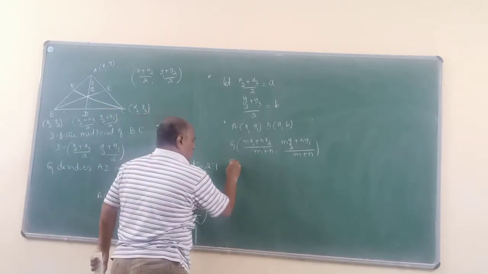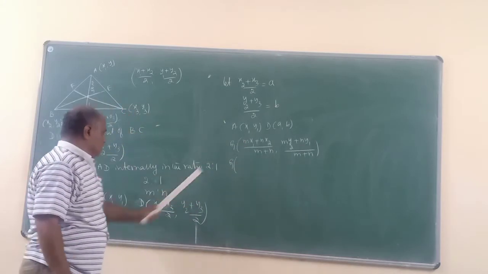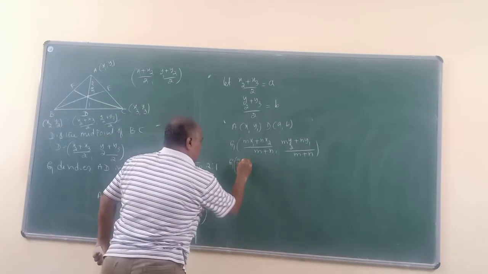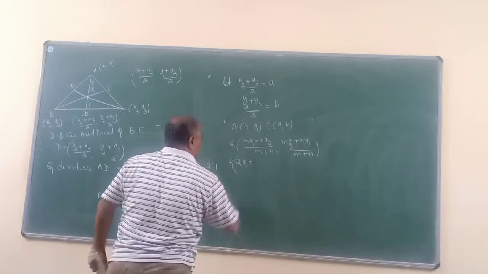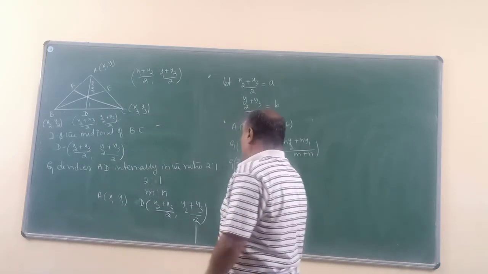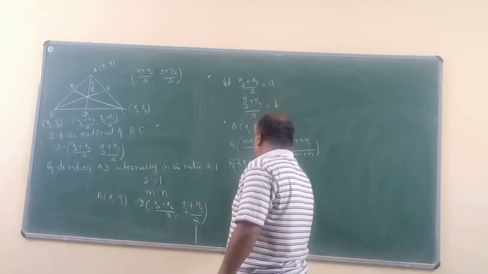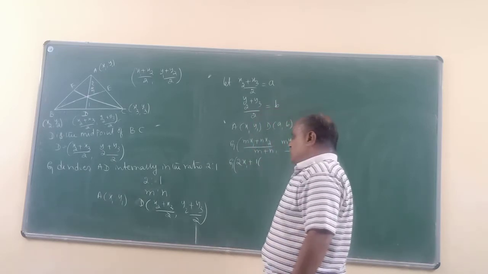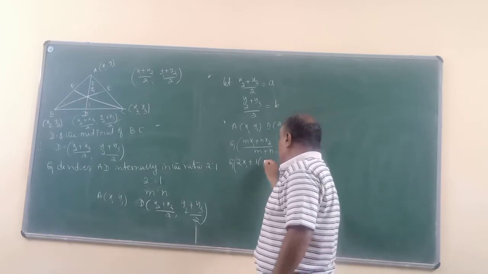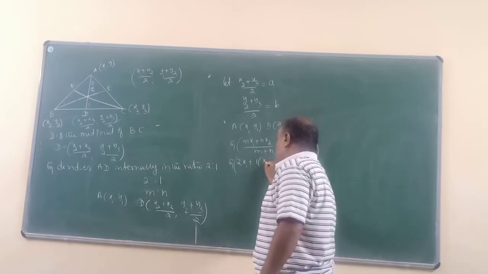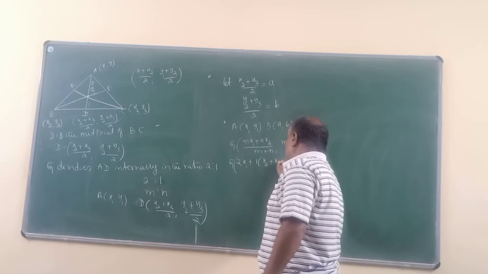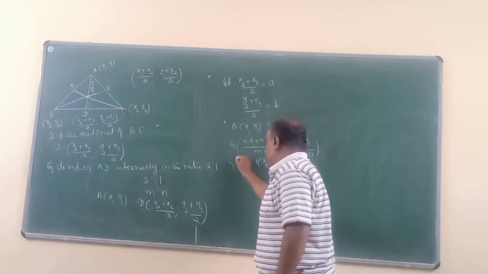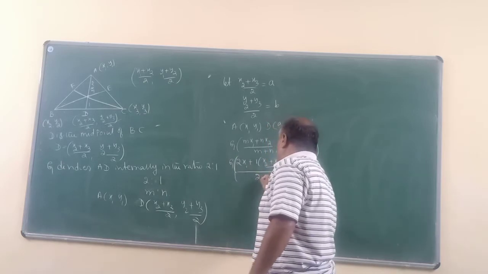Now you substitute. What is m? 2. What is x1? x1 only. Plus n. What is the value of n? 1, of x2. What is the value of x2? x2 plus x3 divided by 2, divided by 2 plus 1.